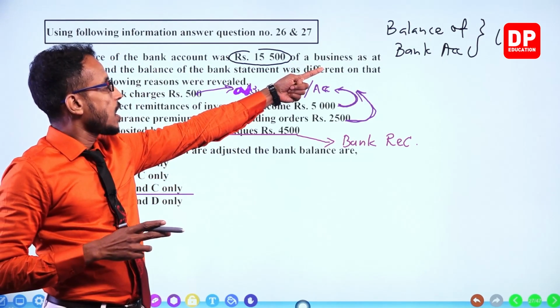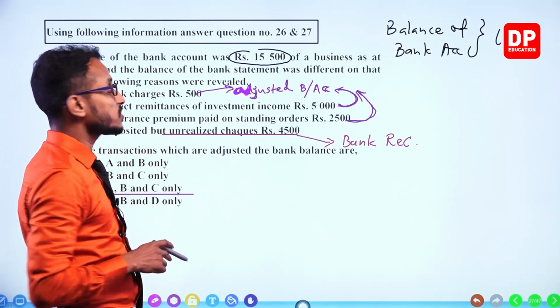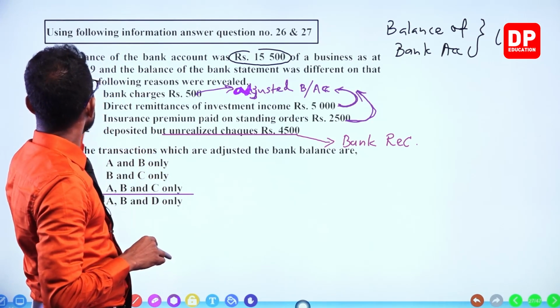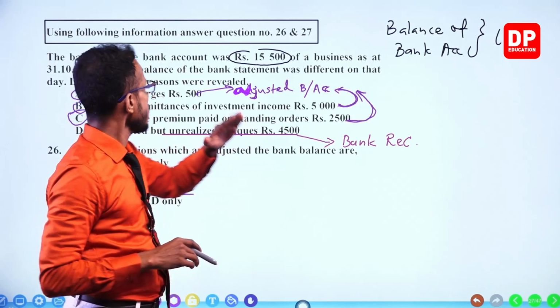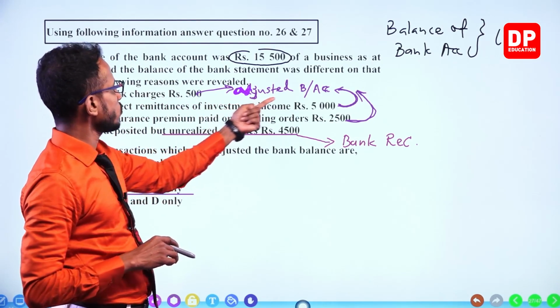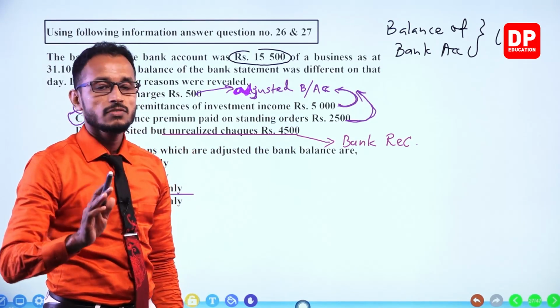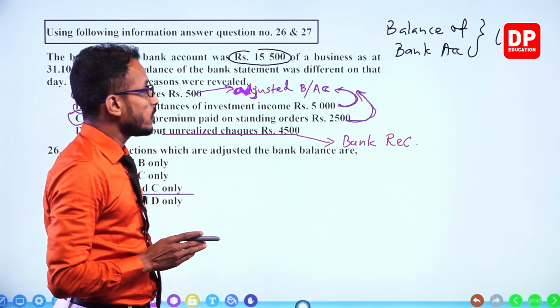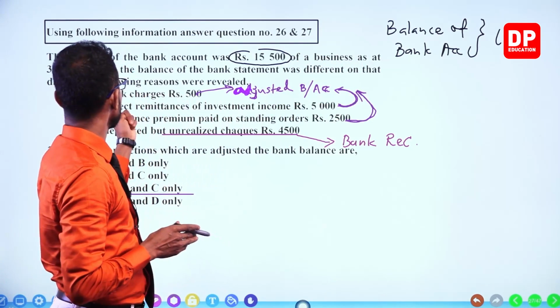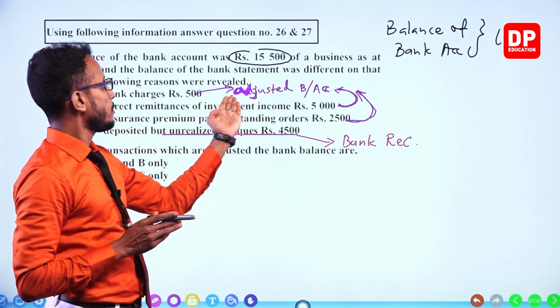Yeah, that is the original balance before adjusting. Later following reasons were revealed. Now, bank charges go to the adjusted bank account, which means to adjust the original balance. This should be recorded in the adjusted bank account.